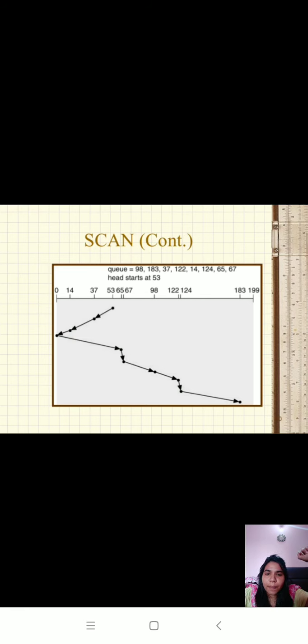I mean to say, if your read write pointer starts from the lower side, then it has to go to the end of the cylinder.